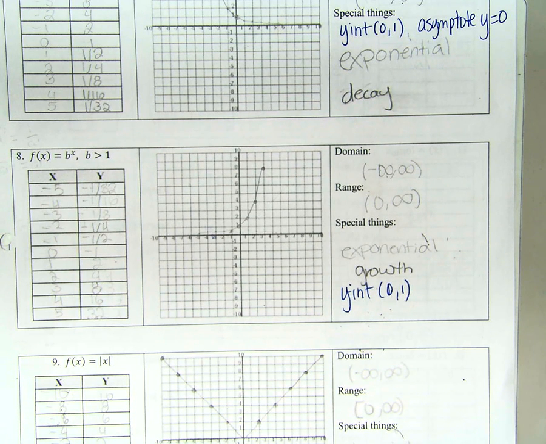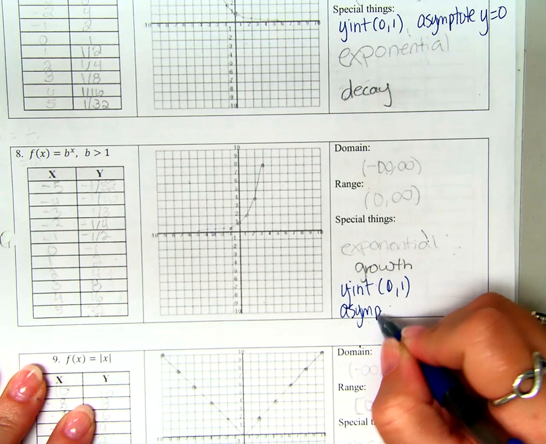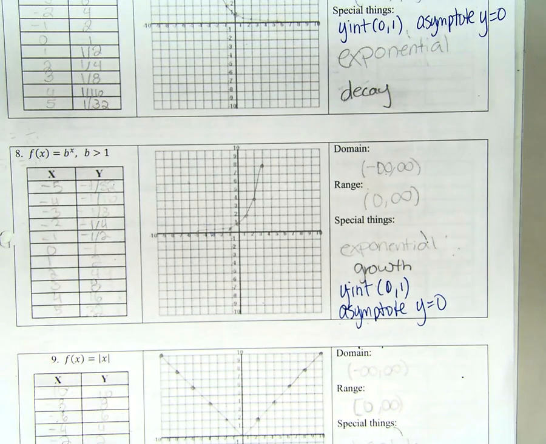Not 1. Lines of symmetry? Minimum? Maximum? Asymptote? Okay, good. There's an asymptote. Y equals 0. Good.